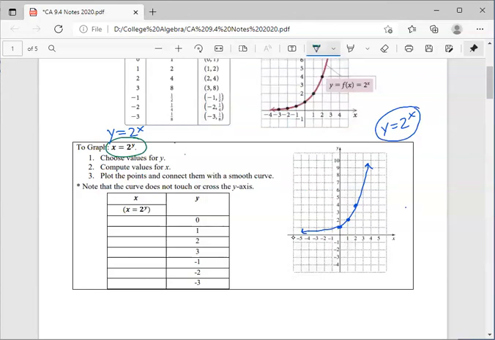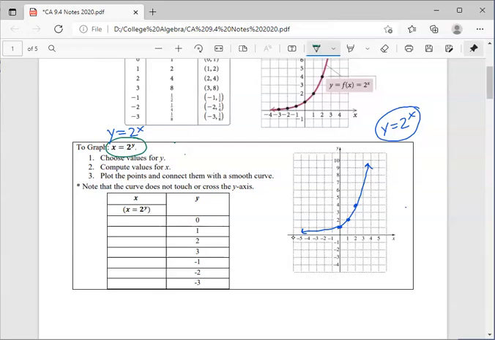We switched the x and the y, right? That's all we've done. The 2 didn't change. Wherever we have a y, it was an x, and wherever we have an x, it was a y. And that is called something special. That's that they're inverses of each other, which is what I just got through saying.